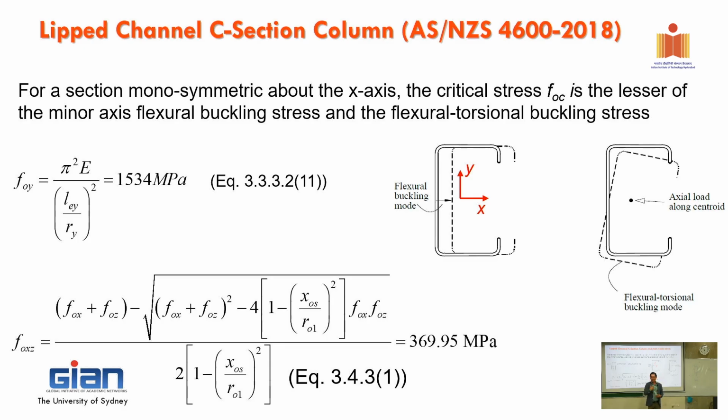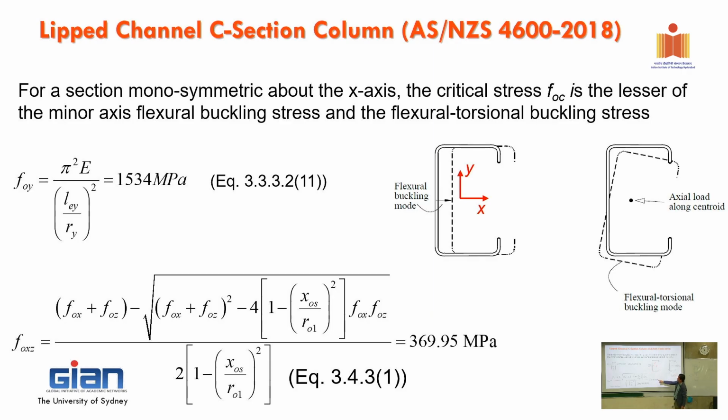Right, so now you have another term that you understand. With a singly symmetric column, there are two possibilities that it might buckle. First is this one, where you have very small or lower Fey, or this one, where you have the combined action, the combined flexural torsional buckling failure mode. All right, so simply plug in the equation.